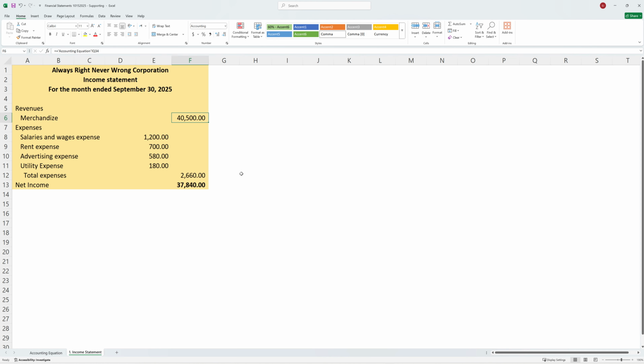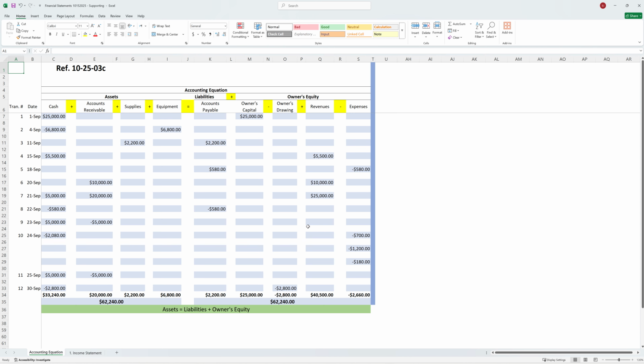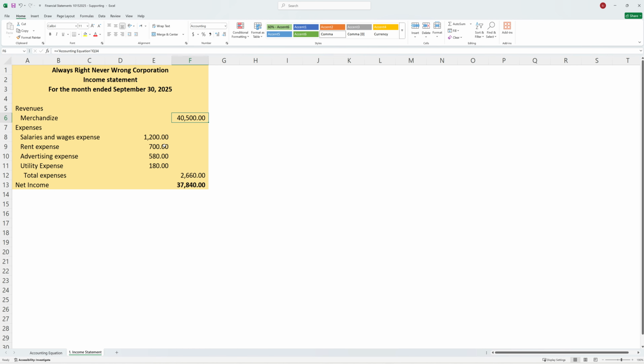You might be asking, where did you get that number from? I invite you to go to the accounting equation. On transaction 4 we sold $5,500. Then on transaction 6, September 20th, we sold $10,000, and on transaction 7, September 21st, we sold $25,000. Putting all these numbers together gives us $40,500. So that's where the number is coming from.